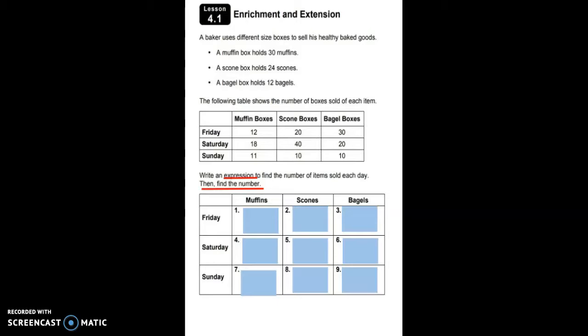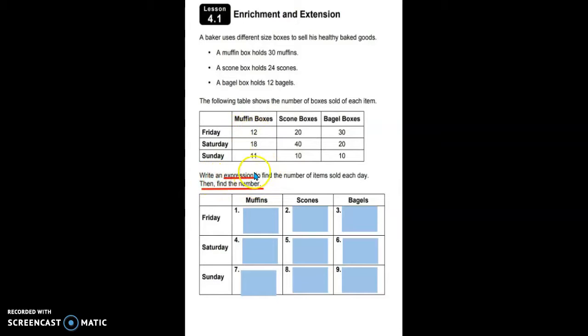A bagel box holds 12 bagels. The following table shows the number of boxes sold of each item. So the first thing we see is that Friday they sold 12 muffin boxes, they sold 20 scone boxes, and 30 bagel boxes.